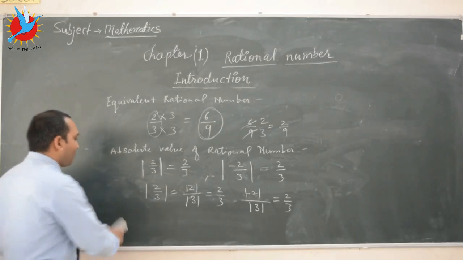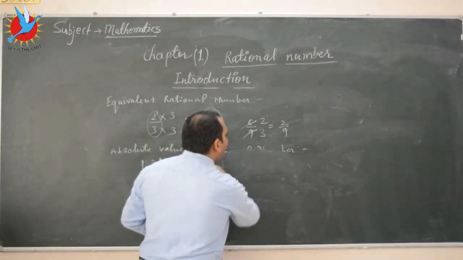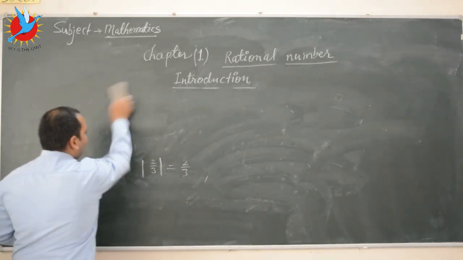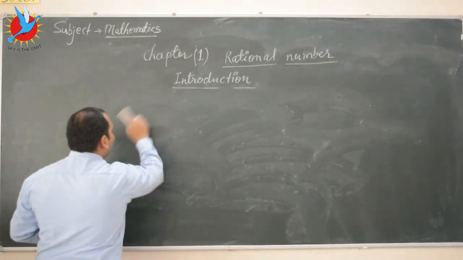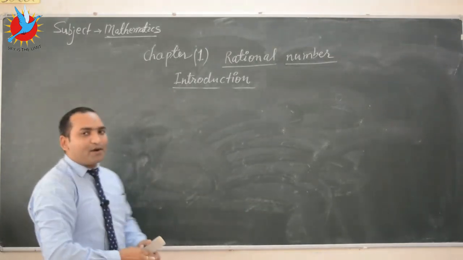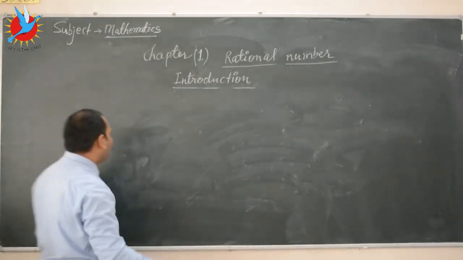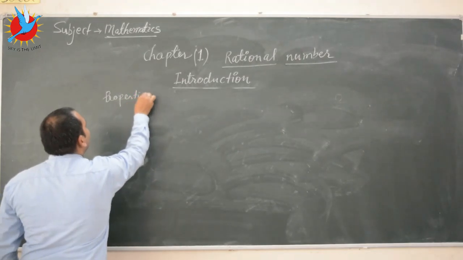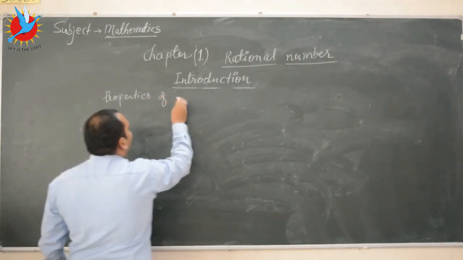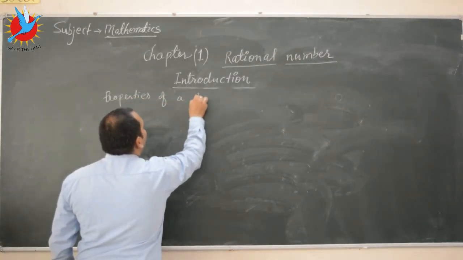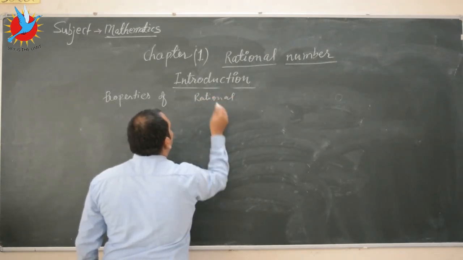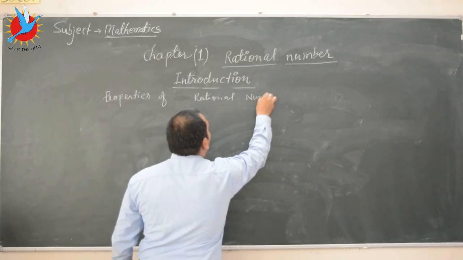Next, properties of the rational number. Today we learn about the different properties of rational numbers.